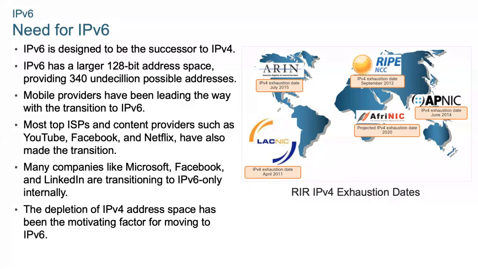So these 1, 2, 3, 4, 5 are the major regions. Only these authorities, organizations or agencies have the rights to distribute the IP addresses. For IPv4, there were 7 agencies, but for IPv6, there are 5 agencies.